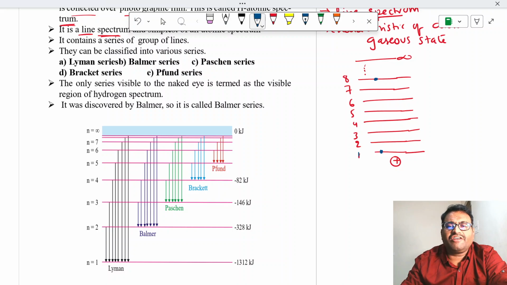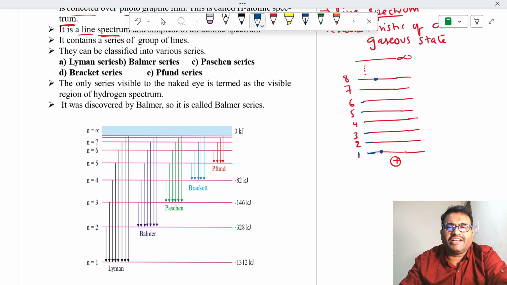That release of energy can be done in a single step or in more than one step. This de-excitation happens in one step or in more than one step.